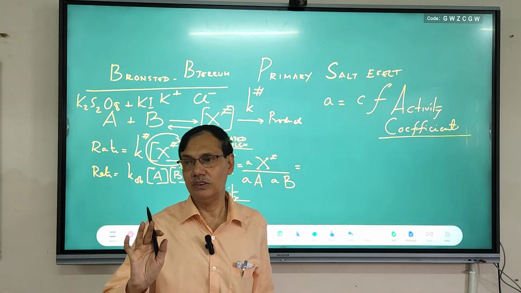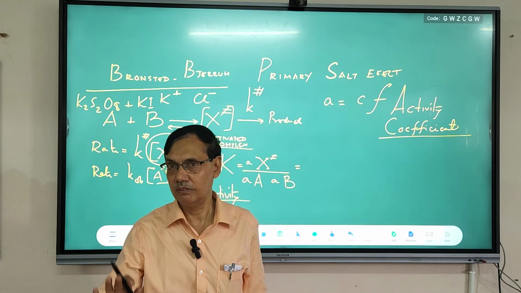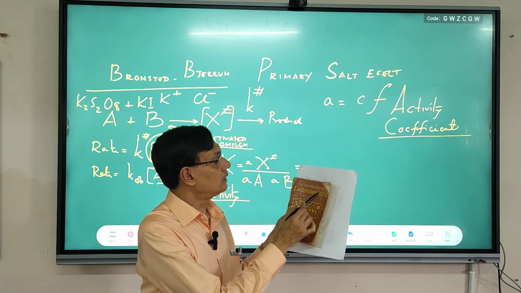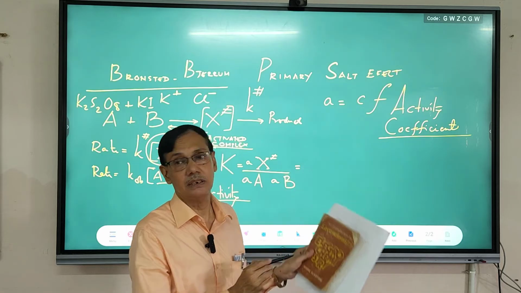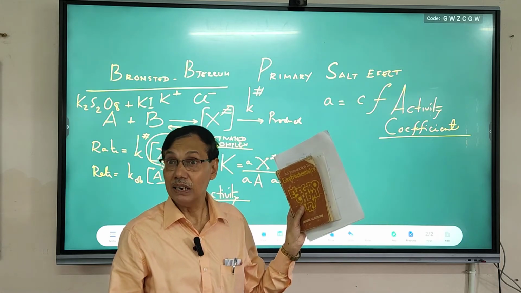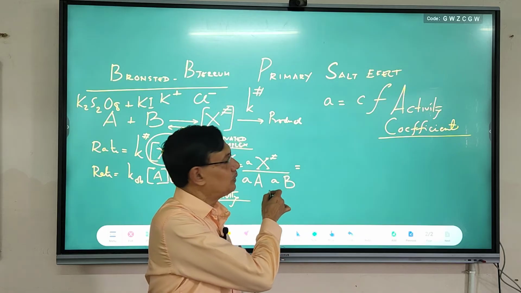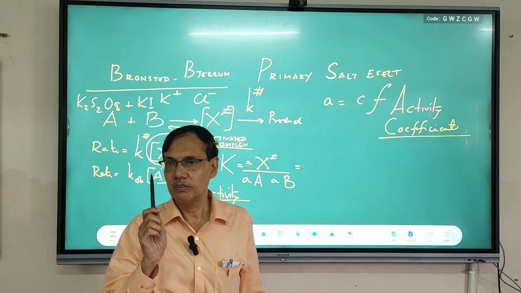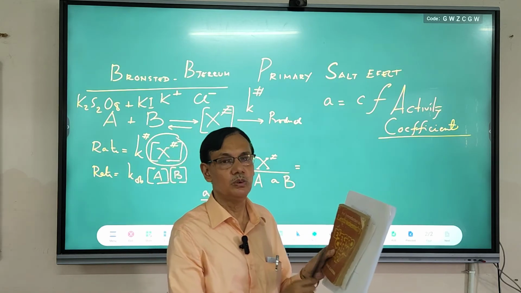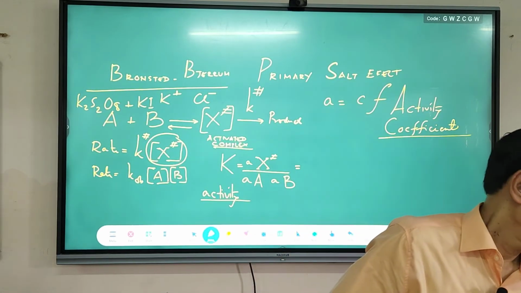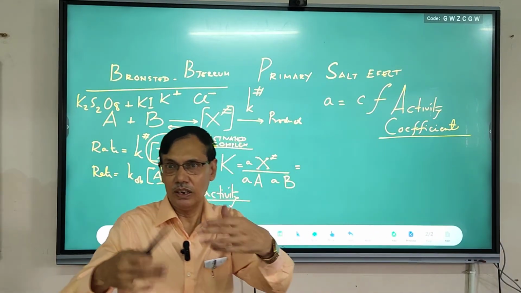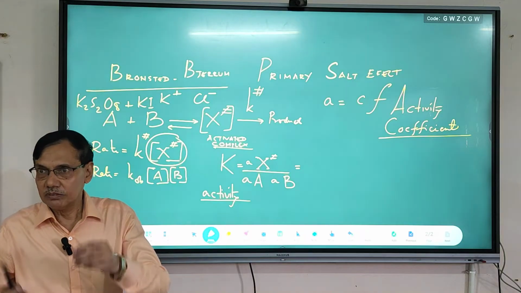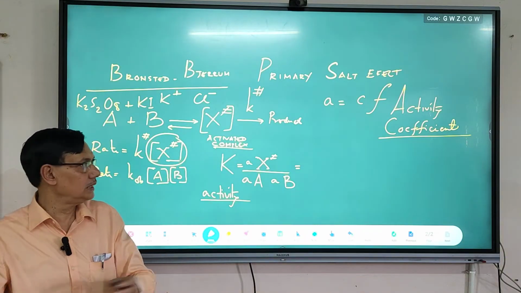Today I am doing kinetics, the primary salt effect. But you have seen that I have brought a book, An Introduction to Electrochemistry by Glasstone. This is a very famous book. Why? Because I have to refer to some electrochemical concepts for solving the Bronsted equation. You will understand why I am talking about electrochemistry concepts, because of the question of ions, the question of activity coefficient, and other things.